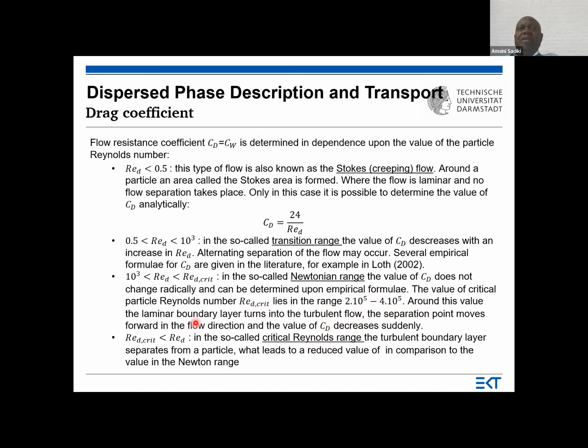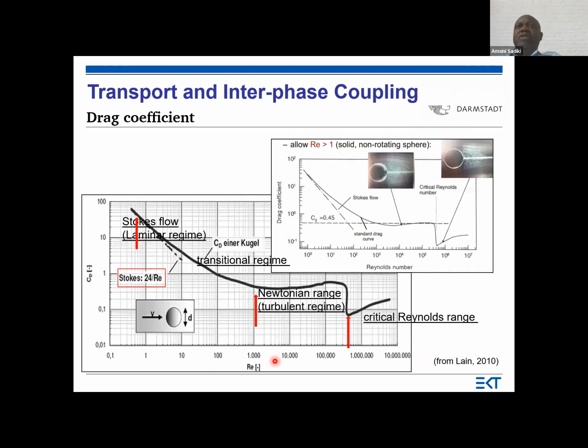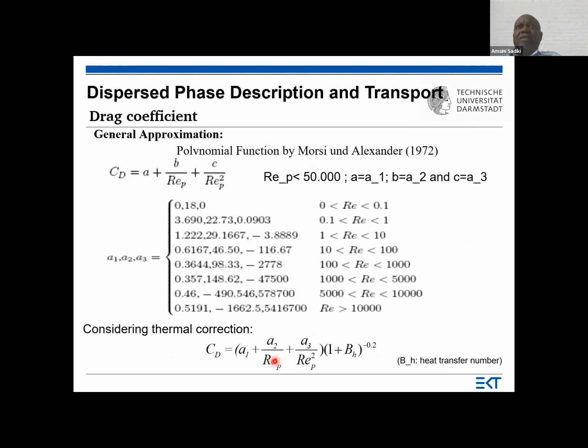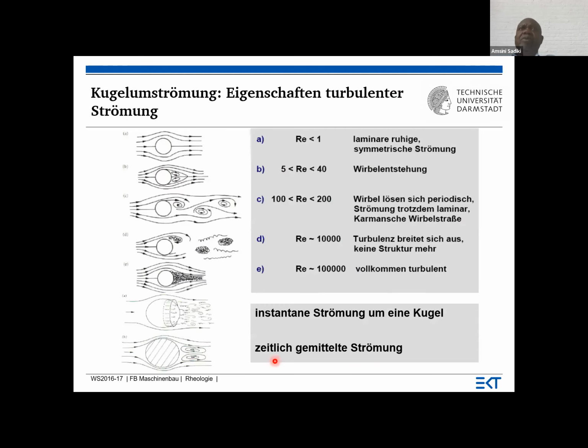After that, it decreases in the region which is called the critical Reynolds number. The turbulent boundary layer separates from the particle, which leads to a reduced value of CD in comparison to the value in the Newtonian range. And that is what I am speaking about.